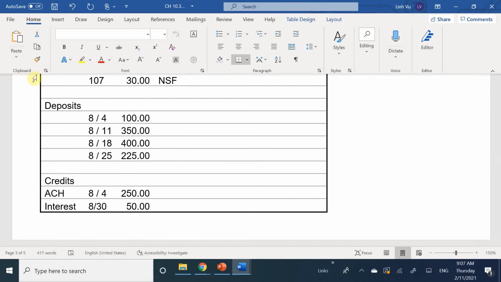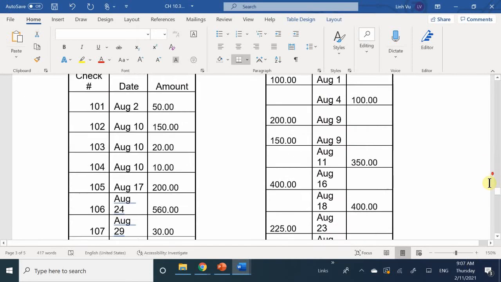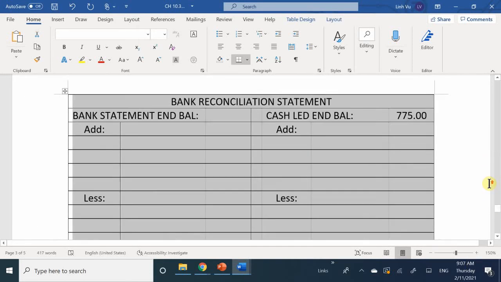How much interest did I collect and how much auto clearinghouse? It's 50 for interest, and auto clearinghouse is 250, for a total of 300.